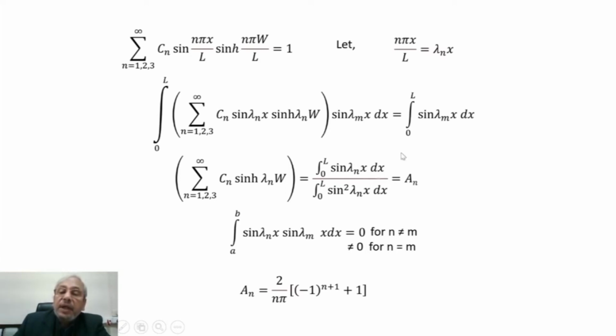Here we have generalized n and m in such a way that n or m are same, and this part is basically integration of sine lambda n x into sine lambda m x.